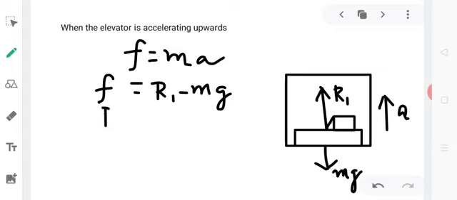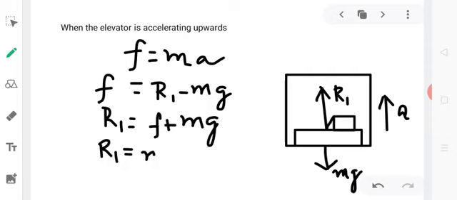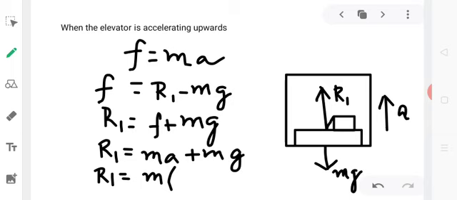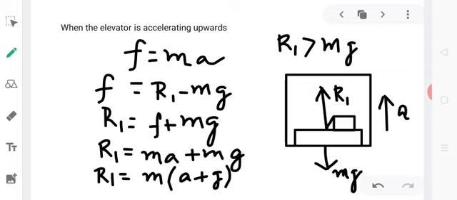So R1 is equal to F plus mg. This means R1 is equal to ma plus mg, or R1 is equal to m times (a plus g). This means clearly R1 is greater than mg. Hence, apparent weight of the person becomes more than the actual weight when the elevator is accelerating upwards.